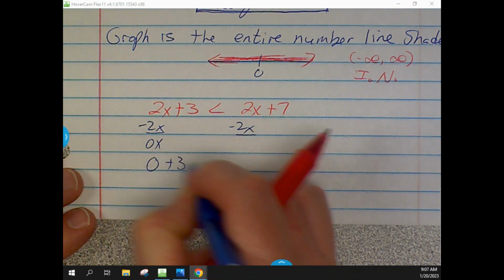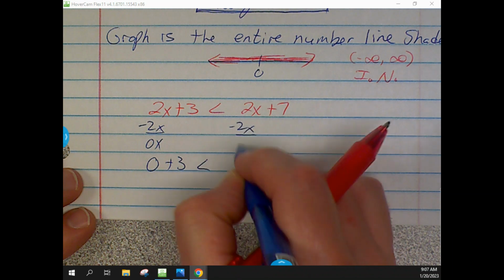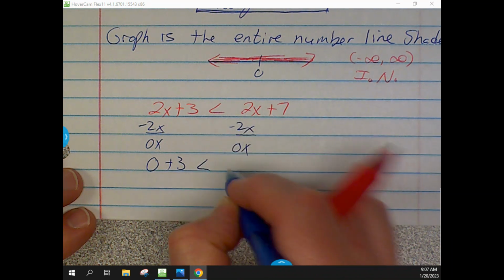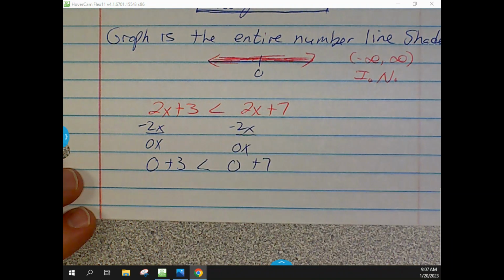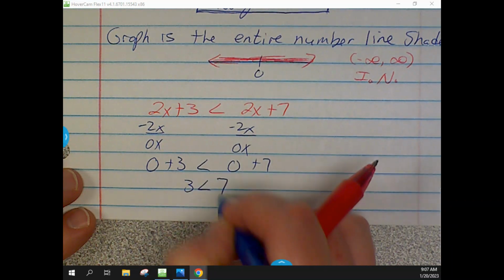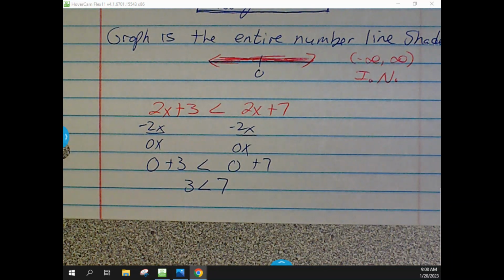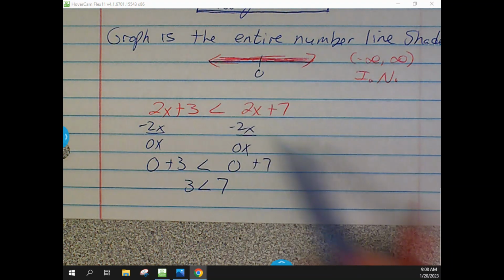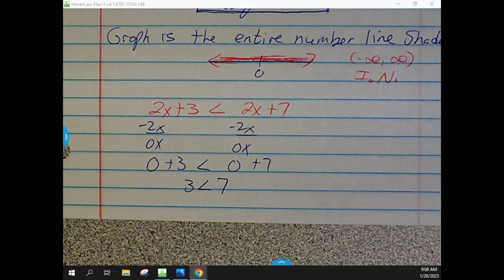So that's 0 plus 3. Same thing there. If it's 2x minus 2x, that's 0x. If you do 0 times x, that's still just 0. So that would leave you with 3 is less than 7. And 3 is less than 7 all the time. So that would be one where you'd go back and graph the entire thing and tell me it's always negative infinity to infinity. Any number you plug in will always make that thing true, no matter what it is.